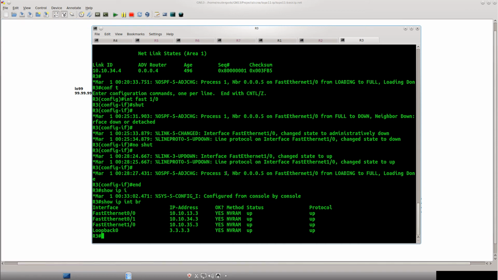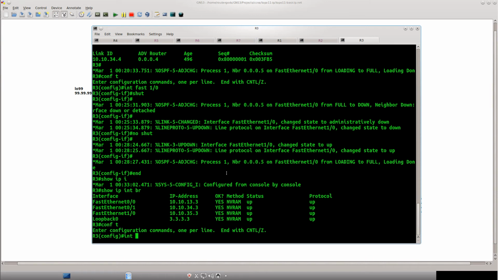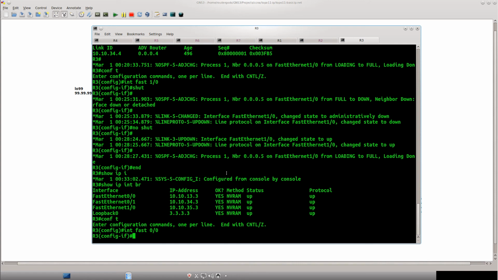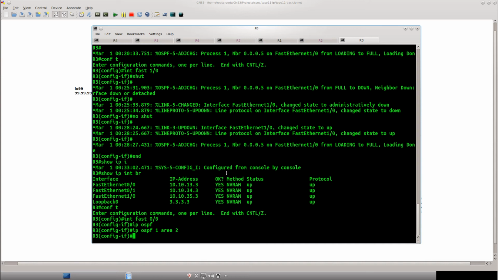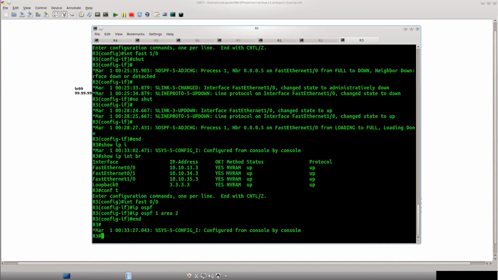Here's how we're going to do it. We're going to use the direct way of putting an interface into OSPF. We're actually going to go inside that interface, fast 00. I'm going to type in IP OSPF 1 area 2. That's it. It's basically saying run this interface in area 2.